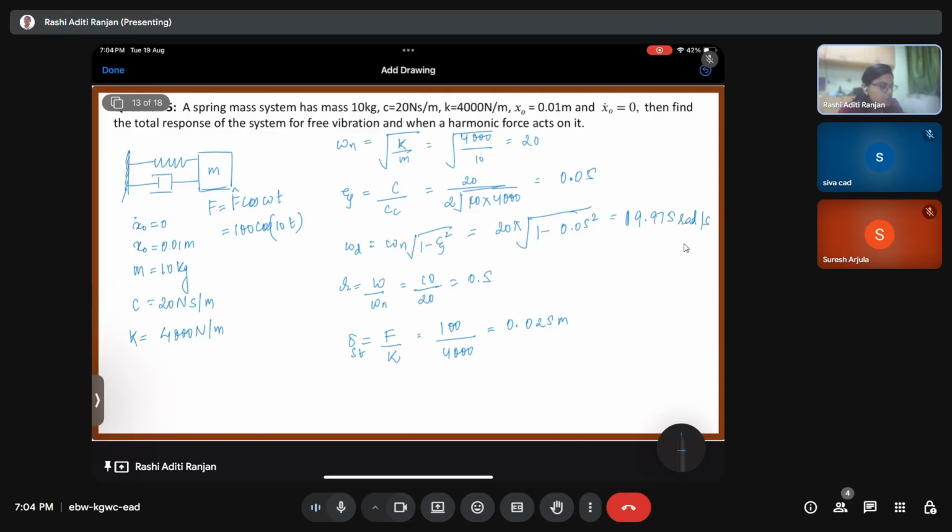So the solution is written in terms of x cos omega t minus phi, where x is nothing but delta st divided by under root of 1 minus r square whole square plus 2 eta r whole square.